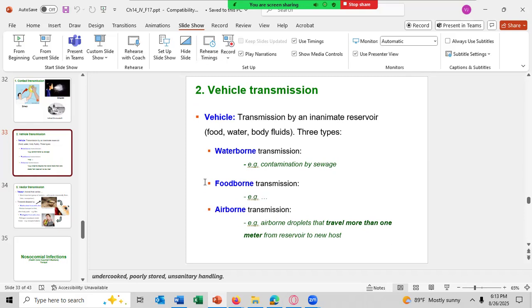Foodborne transmission can happen by somebody who's sick handling your food, especially if the food is undercooked, poorly stored, or unsanitarily handled. That's why people wear gloves, especially in the fast food industry when they're handling food. And that's to prevent foodborne transmission.